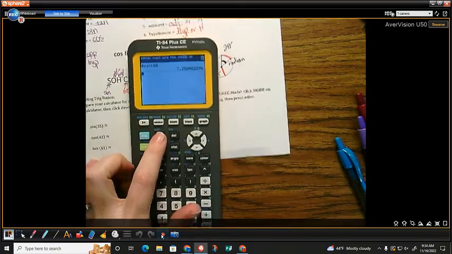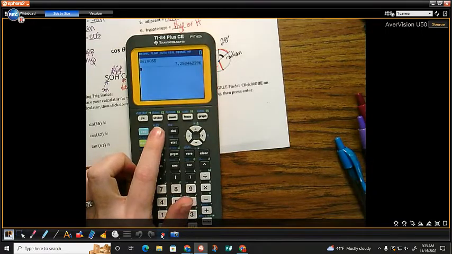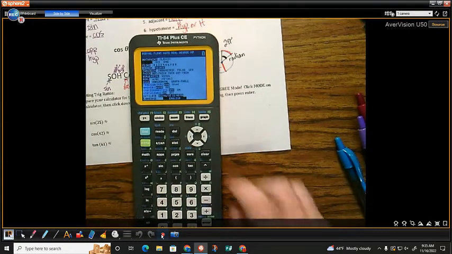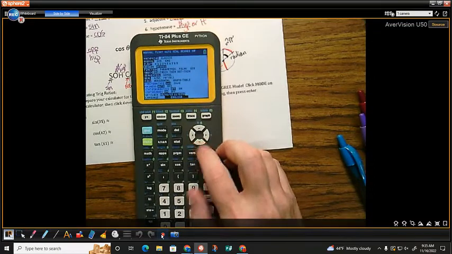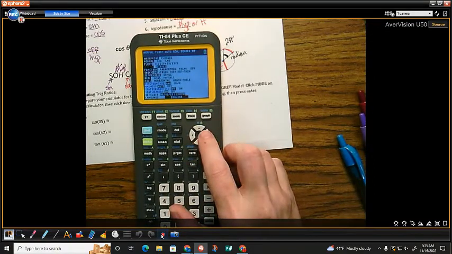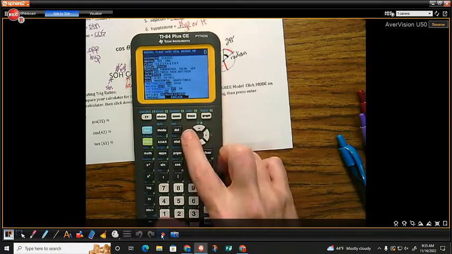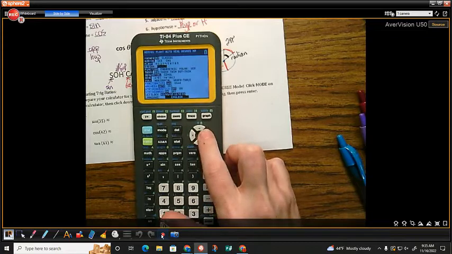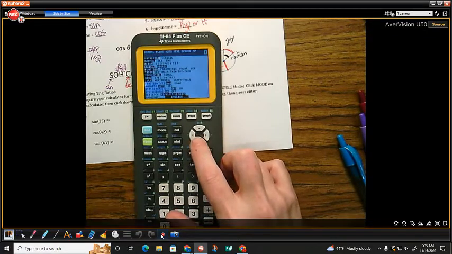Press the button that says mode. And go down and see on like the third or fourth line, there's radians and degrees. And if radians is flashing, you don't want that.